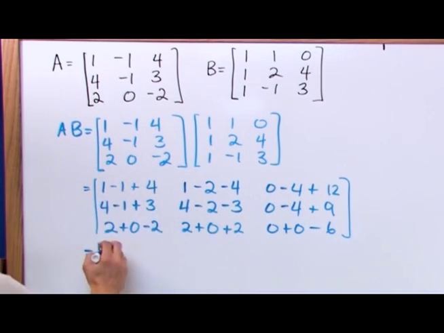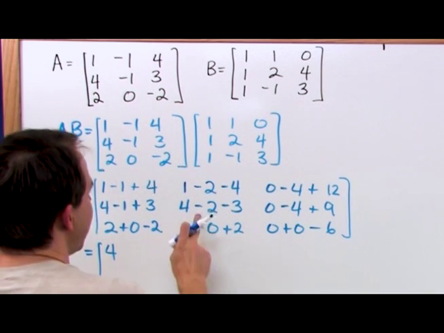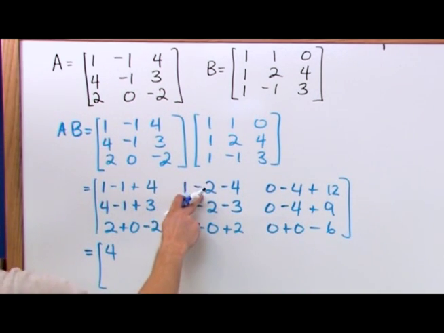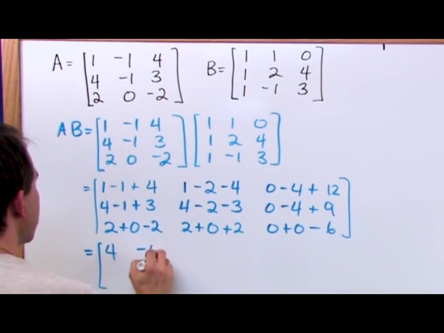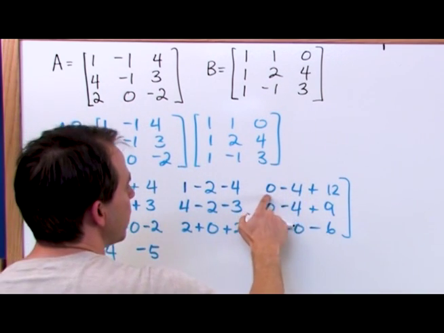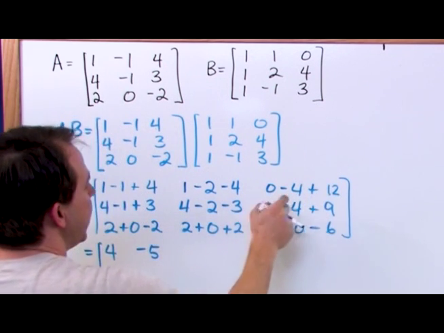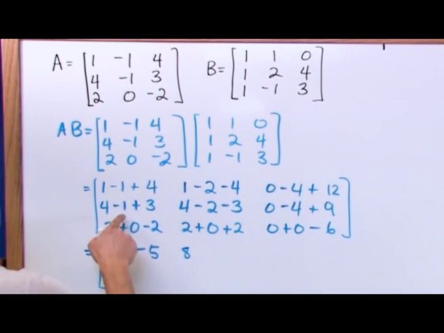This is going to be 4. 1 minus 1 is 0 plus 4 is 4. And what I'm going to have here is 1 minus 2 is going to give me a negative 1. Minus 4 is going to give me a negative 5. Over here, the 0 doesn't matter, so it's going to be 8. Over here, 4 minus 1 is 3, plus 3 is 6.